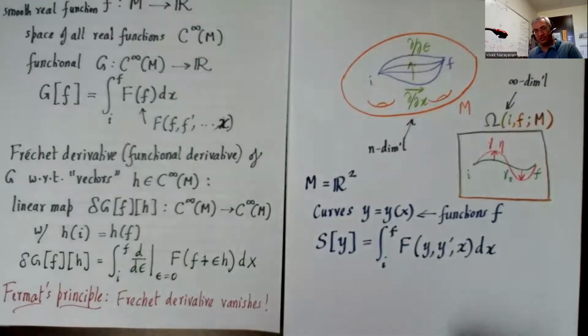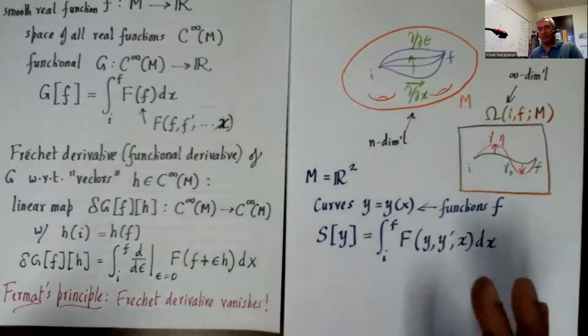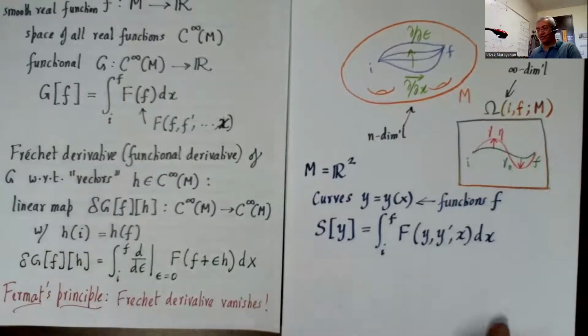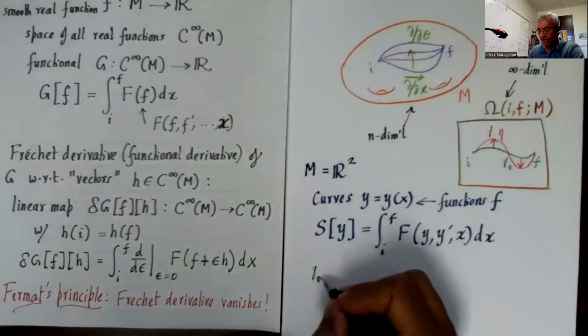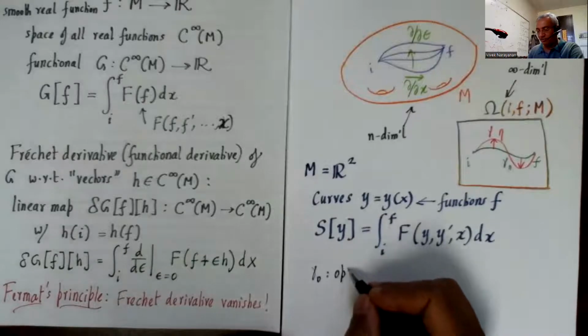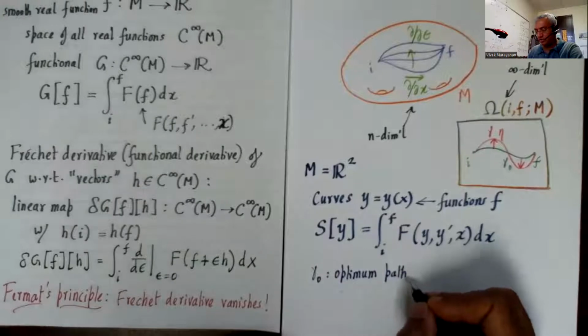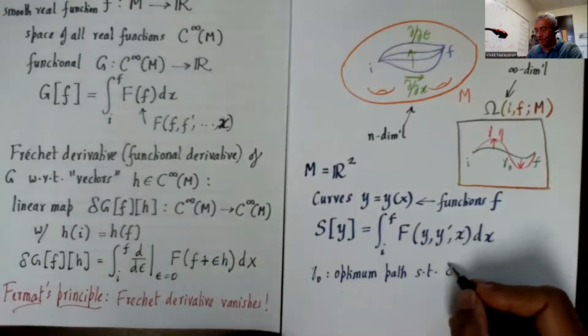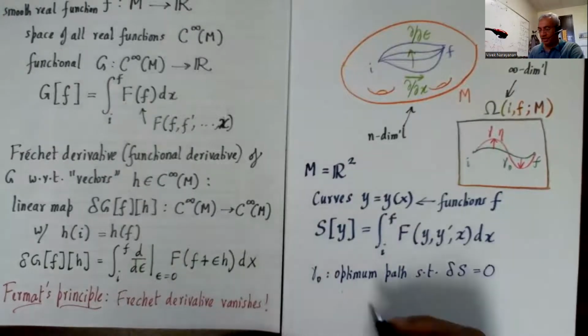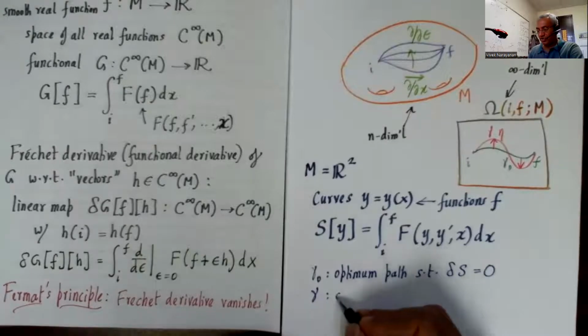But if you want the second derivative, you can put the second derivative too. It'll be a more complicated result. But this is what Euler had, and that's what I'm going to do. Gamma naught is the optimum path we seek, such that delta S equals 0, and gamma is just another path.